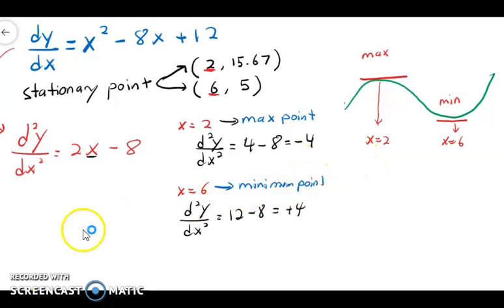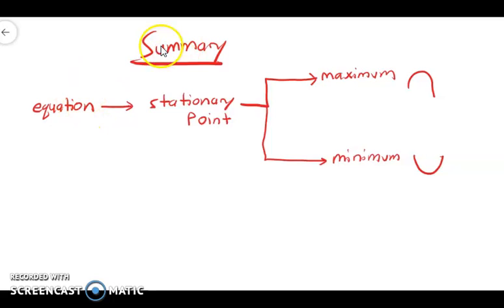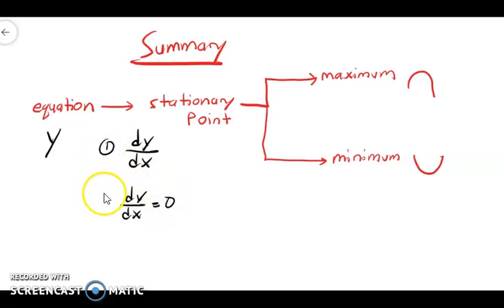For this video, here I will be showing a summary of what we have learned. The equation is y. To obtain your stationary point, the first step is to find dy/dx, and then make your dy/dx equal to 0. This is the second step, and the most important part is, after you make it 0, find the x value.